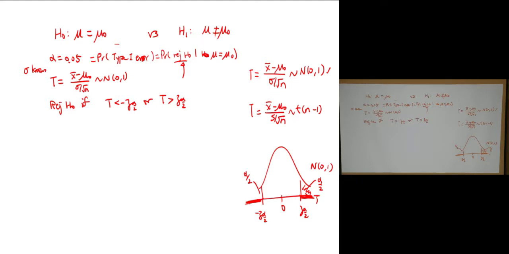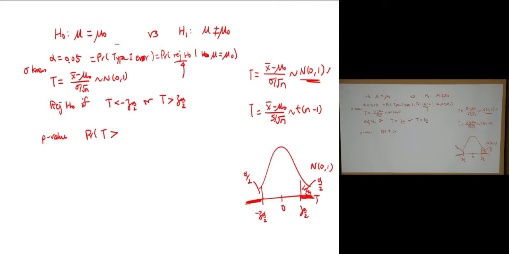Alternatively, there's something called the p-value. The p-value is the probability that the random variable following the distribution of the test statistic is greater than what you observe.